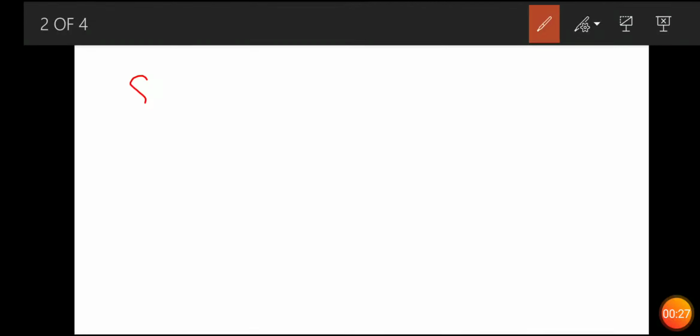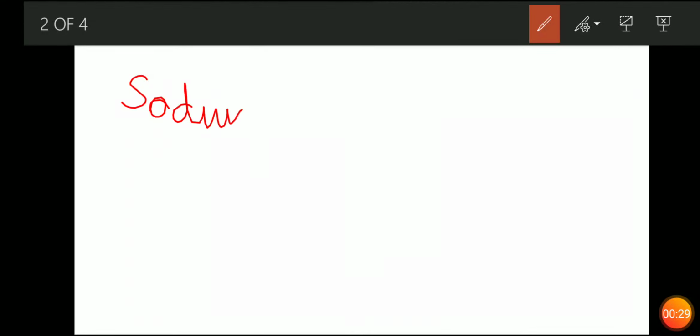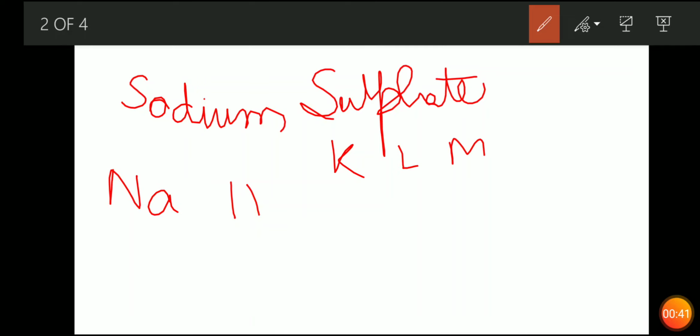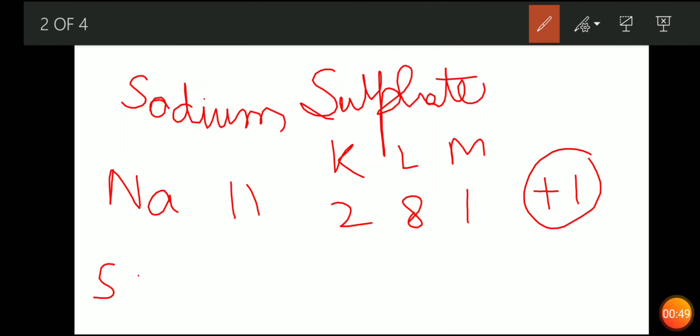The first is sodium sulfate. Now, sodium is Na, atomic number is 11 and electronic configuration is 2, 8, 1. Na has a valency of plus 1. Now, sulfate is SO4 2 minus.